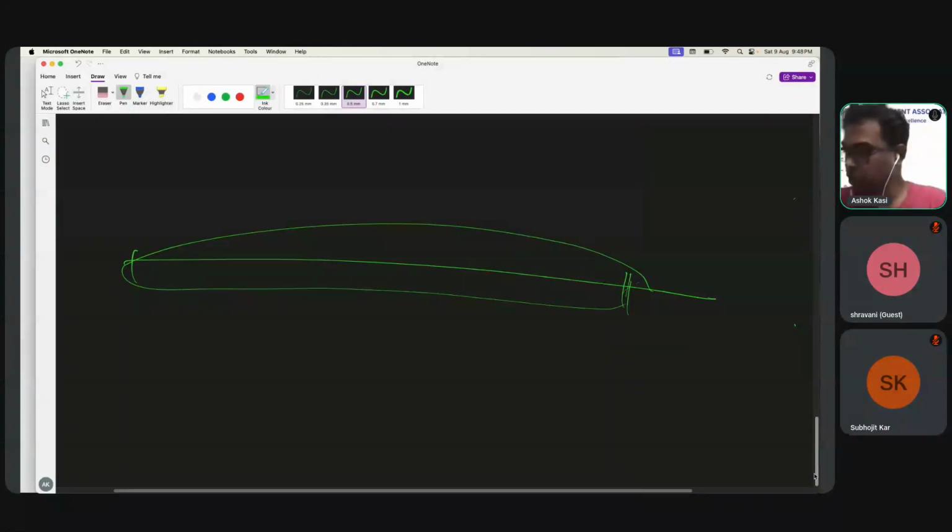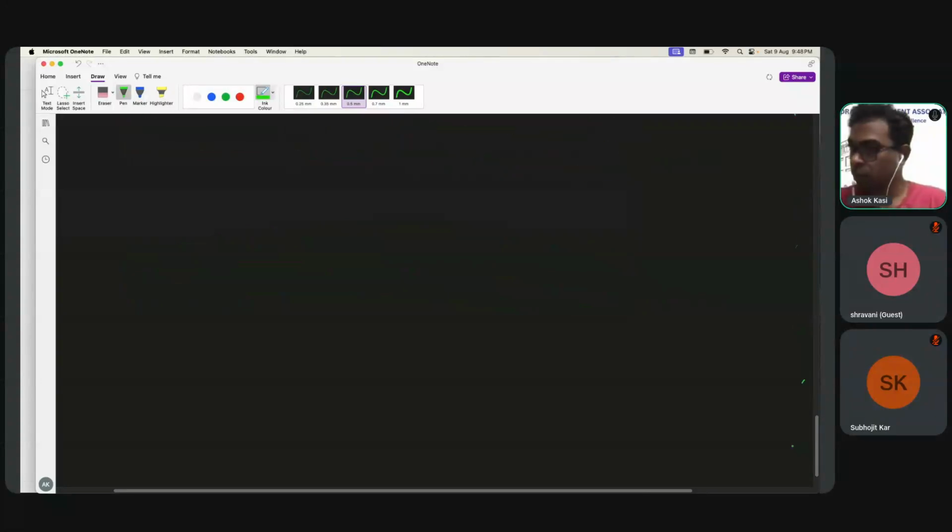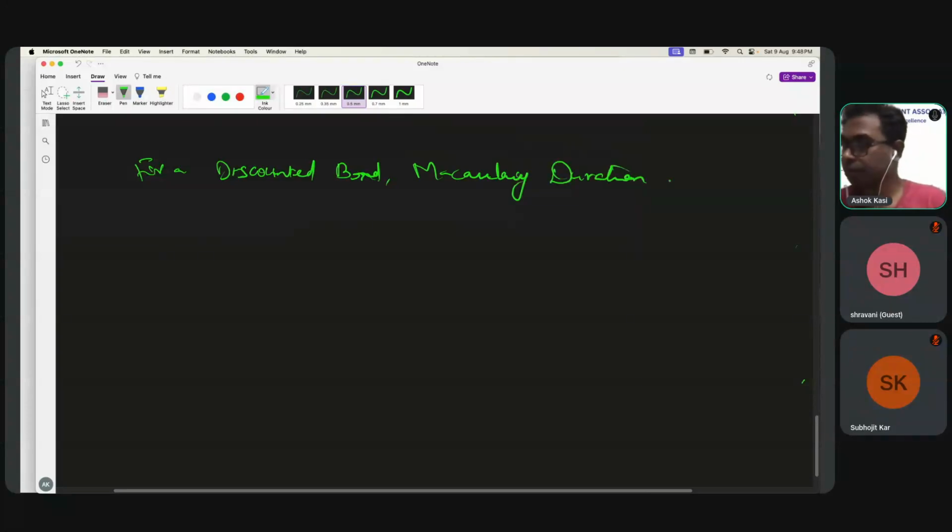For a discounted bond, Macaulay duration will be lower.